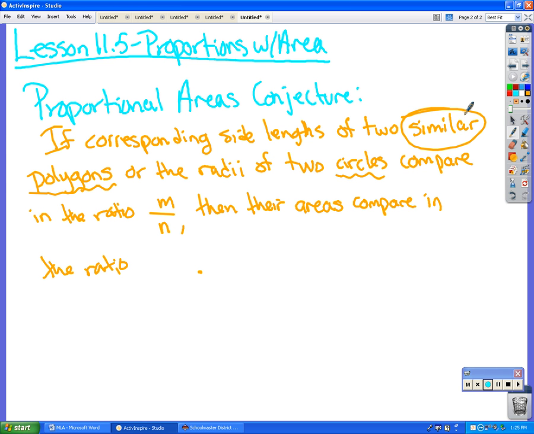Okay? So as long as all of the sides are in the same proportion, then this is going to hold true. And so what you're supposed to discover is called the proportional areas conjecture.